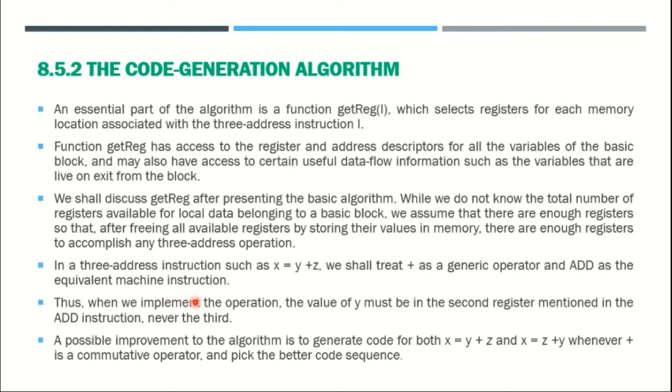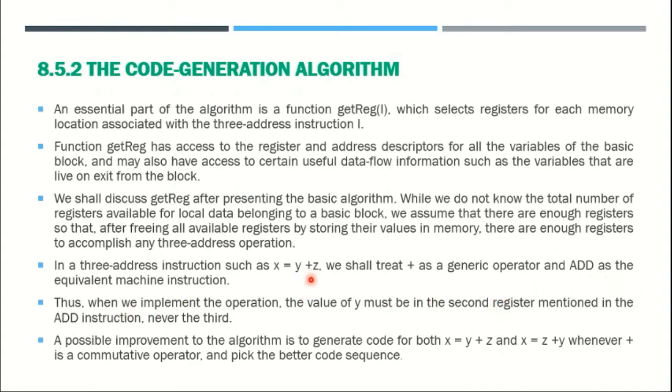For example, consider a 3 address code like x equals y plus z. We treat plus as the arithmetic operator, a generic operator, which adds the values of the equivalent machine instructions.